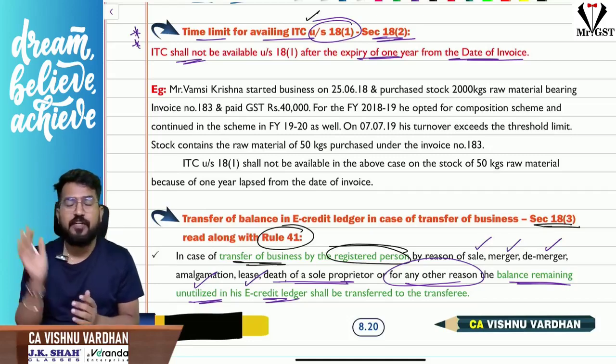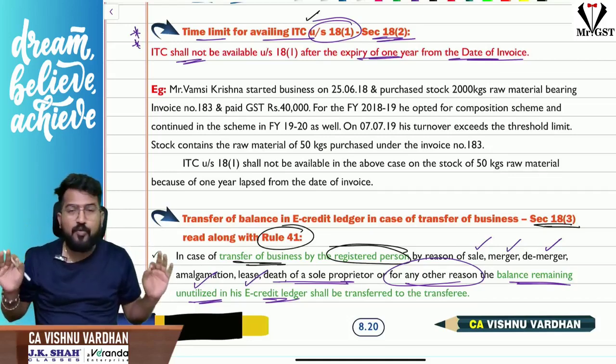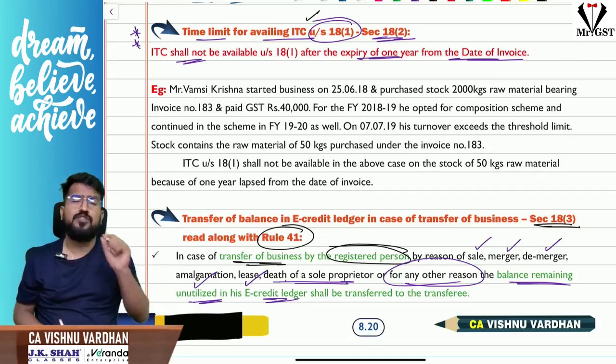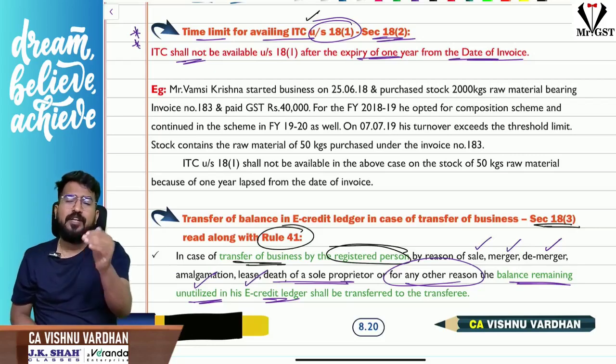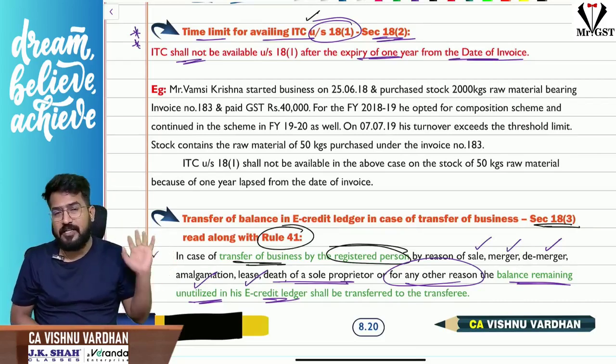In short, if you want ITC on inputs and capital goods under 18 subsection 1, you should have that purchase within 1 year. Only for purchases of inputs or capital goods within 1 year can you take ITC. More than that, you cannot take ITC. Am I clear with that?